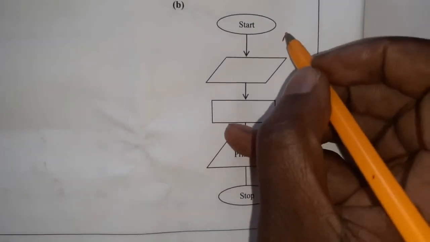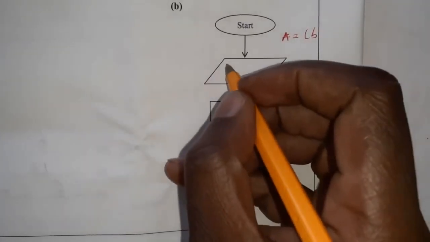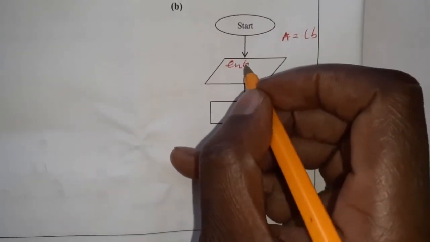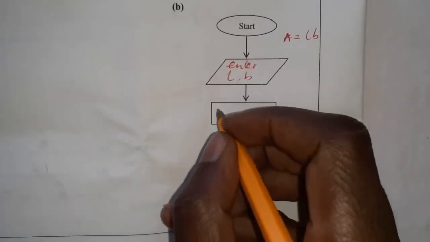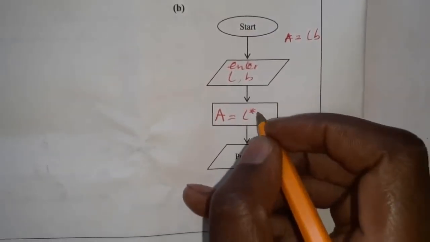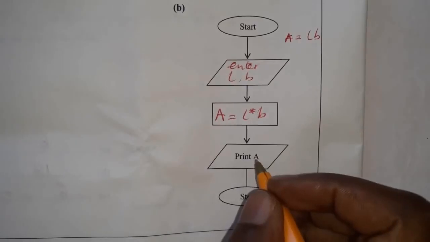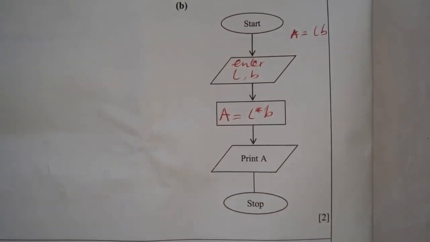What formula are we dealing with? Area is equal to L multiplied by B. So here we say enter L and B. Then here you write the formula A equals L times B, print A. That's all. Next question, ladies and gentlemen.